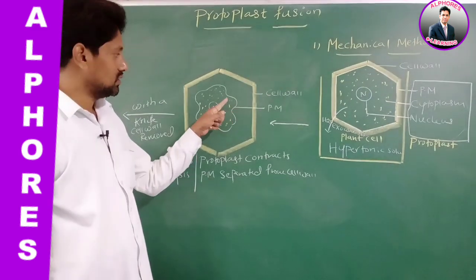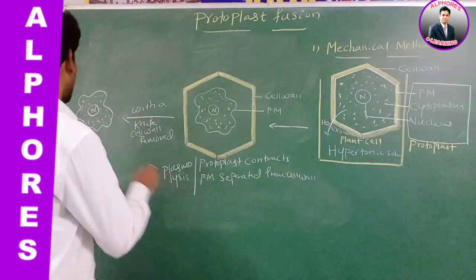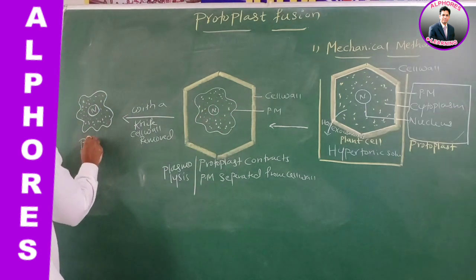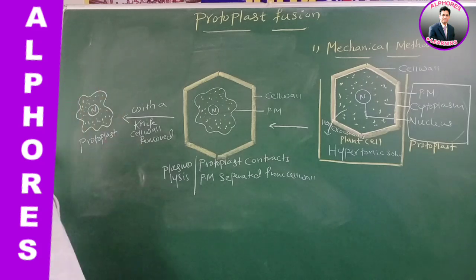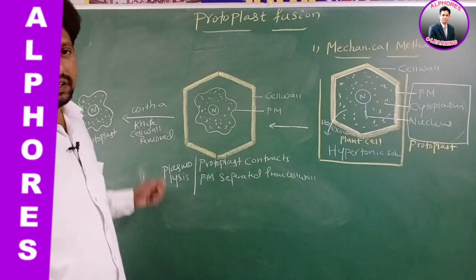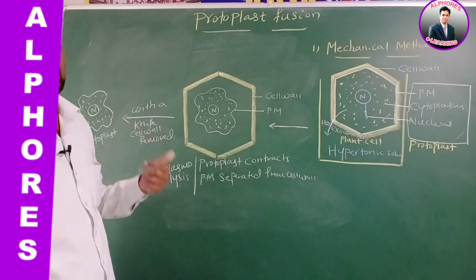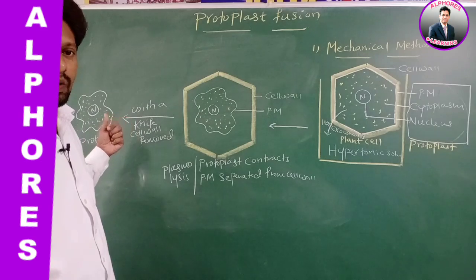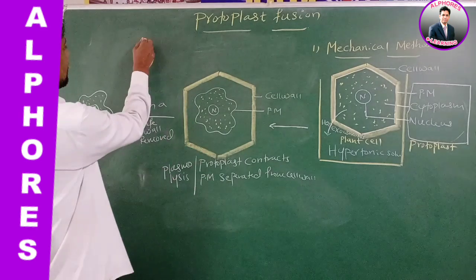Plasma membrane, cytoplasm, nucleus. But these three together are called what? Protoplast. Therefore, what did we get? Protoplast. Are these statements clear? Therefore, with the help of a knife, what did we remove? Cell wall. After removing cell wall, what is left? Protoplast. Now, listen to this statement.